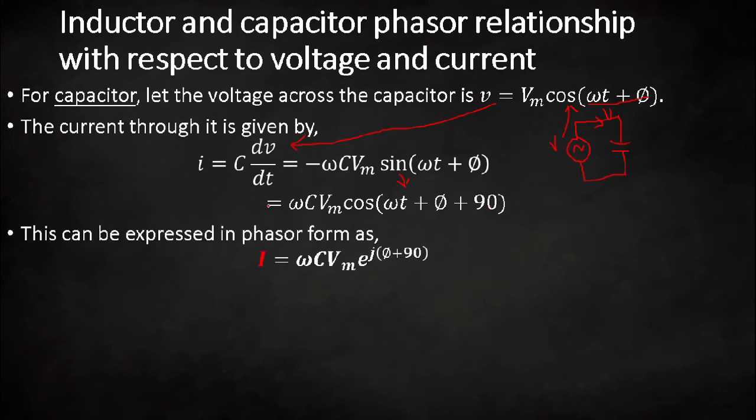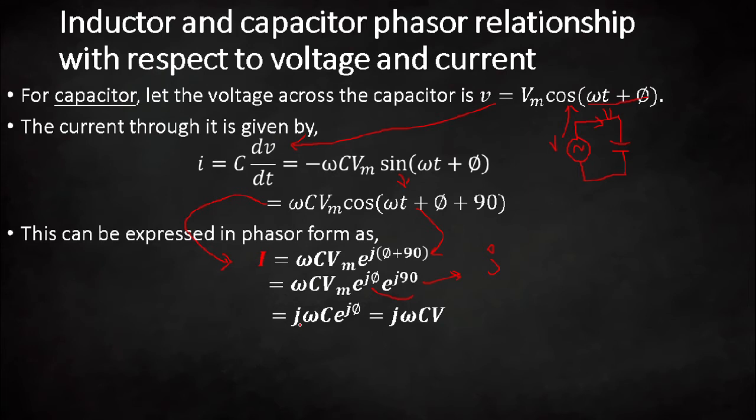In the same way, we can also express this sinusoid in phasor form, and that is I equal to omega C V. Just using Euler's theorem, you can represent this term as e raised to j(phi plus 90). Now by simplifying this equation, that is omega C Vm, e raised to j phi and e raised to j 90. Now the value of e raised to j 90 will be j.